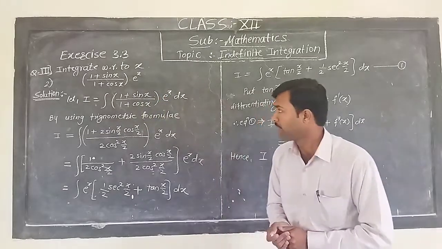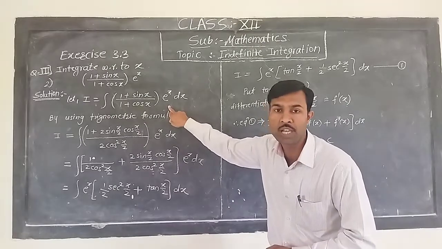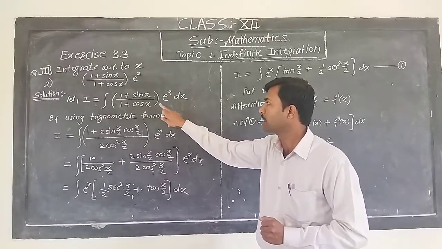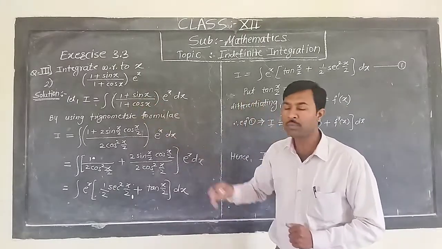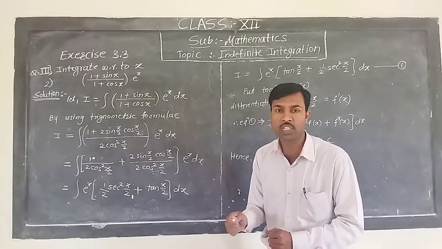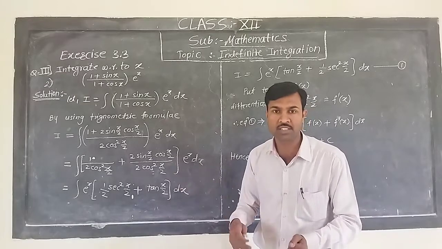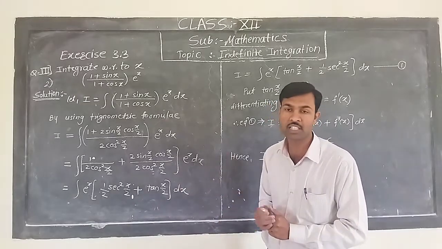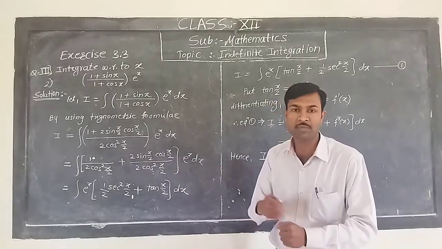I observe that here is a term e raised to x present, but the derivative of this term is not present in multiplication, or there is no term like f of x plus f dash x. Such a type of term is not present here. So I make some arrangement.